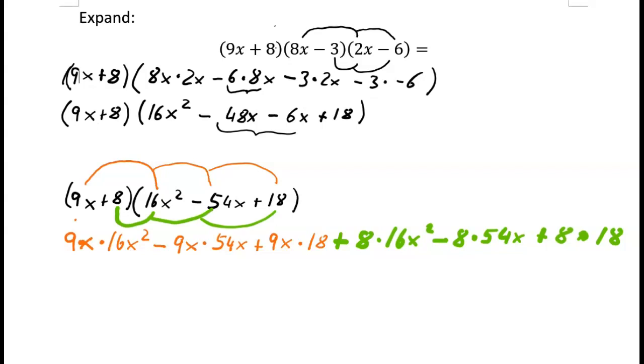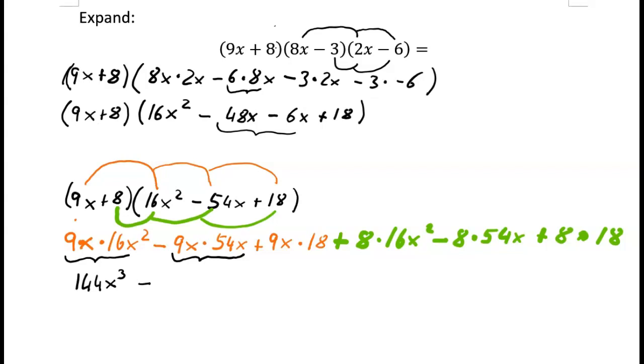So for the first one here, 9x times 16x squared, 9 times 16, that gives 144x to the power of 3. Then we've got this term here. That gives us 9x times 54.